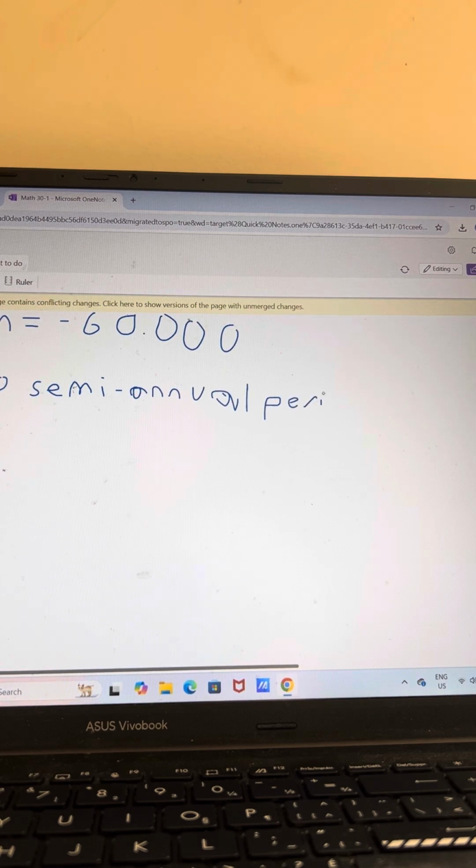We said earlier we wanted to find years. And years is going to be equal to 60 over 2, which is going to be 30.